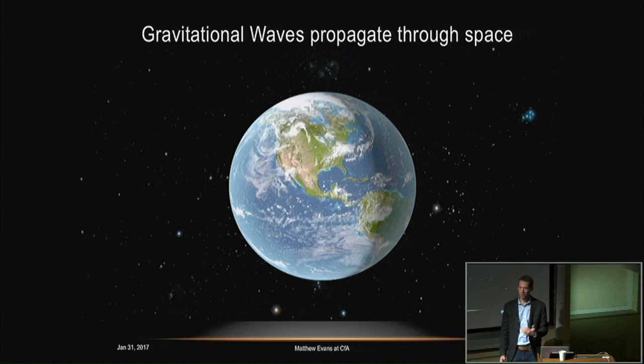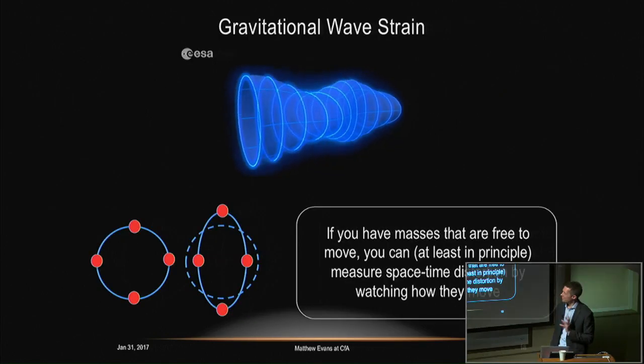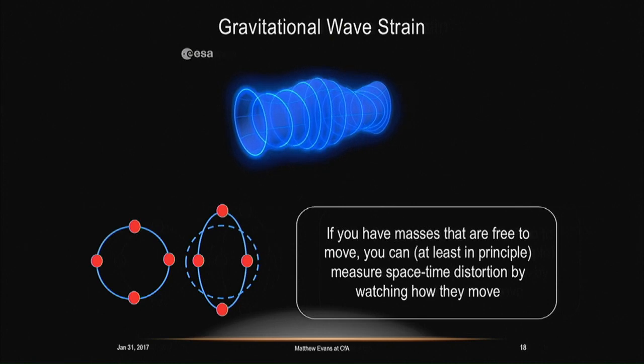And for people who remember their GR courses, it was all about clocks and masses. And we're basically doing the same thing. Our laser beams give us a clock in the time it takes for them to go down and back on the arms. And we have test masses which are sort of inertial references. So this is what we're up to. It's complicated, but not conceptually complicated.